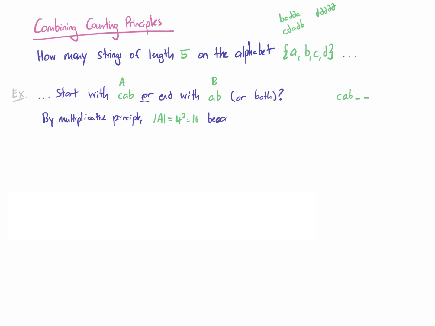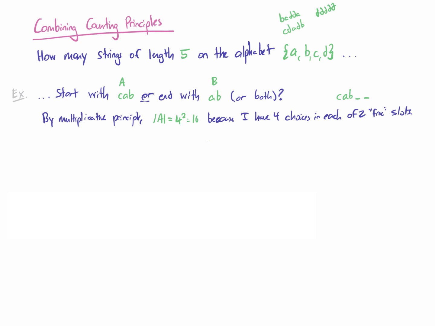Because I have 4 choices in each of 2 free slots. But what about B? For B, we can do something pretty similar.